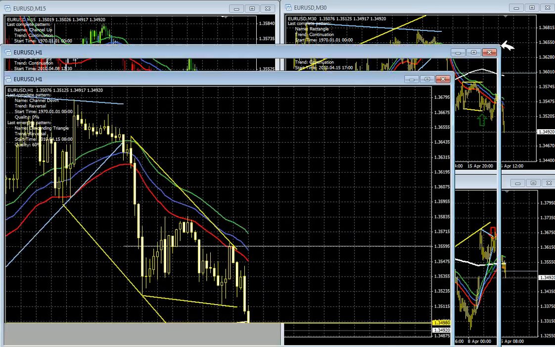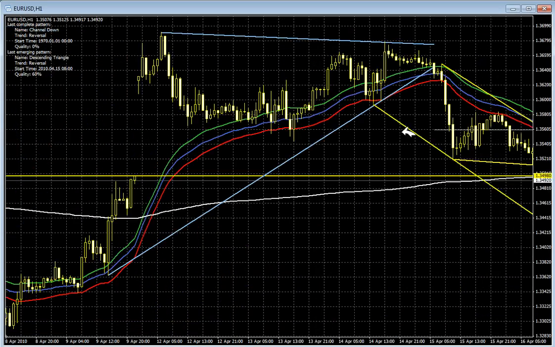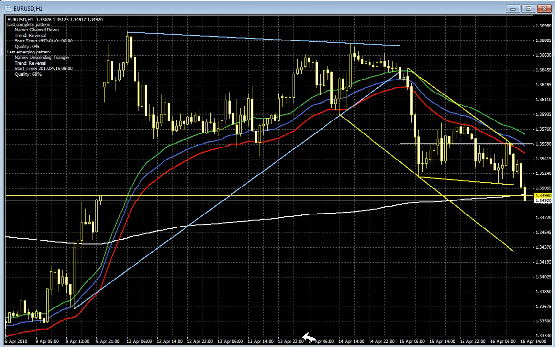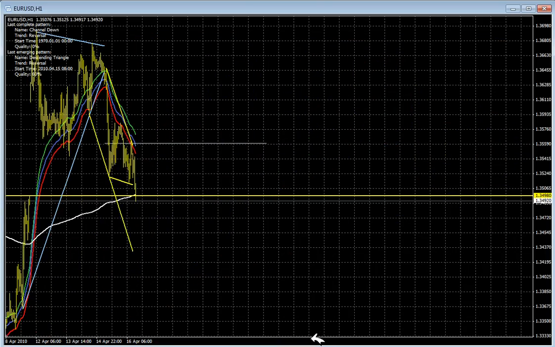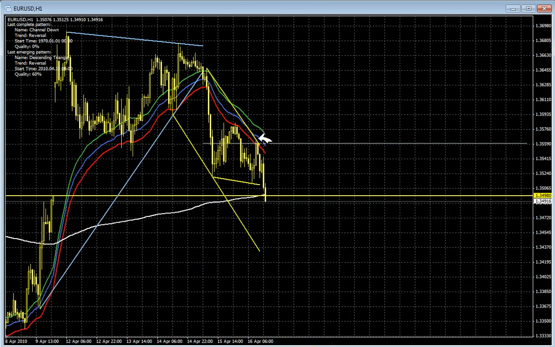If I blow up this 60-minute chart right here, what I'm focusing in on was the fact that earlier in the day, I already had a couple opportunities to short based upon bounces into the wave. So 2 opportunities to do that already. What I'm looking at is potentially a third.